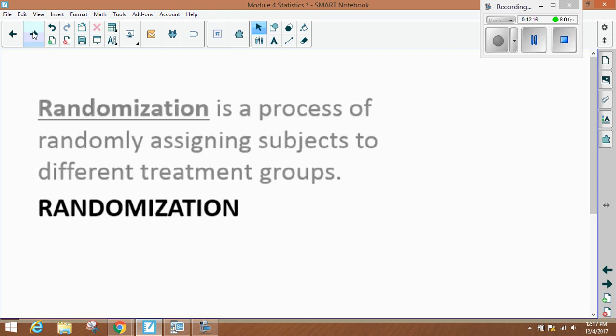Randomization is a process of randomly assigning subjects to different treatment groups, and that's always the way that it has to be. You always have to randomly assign people to different treatment groups. So if I was going to experiment on you all, there's roughly 20 of you here.